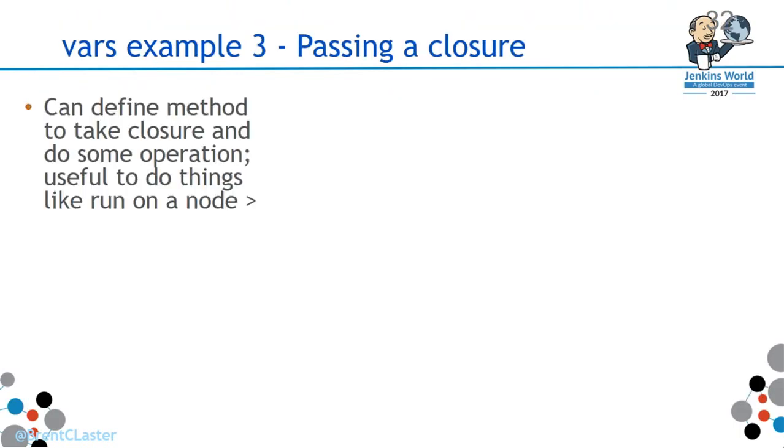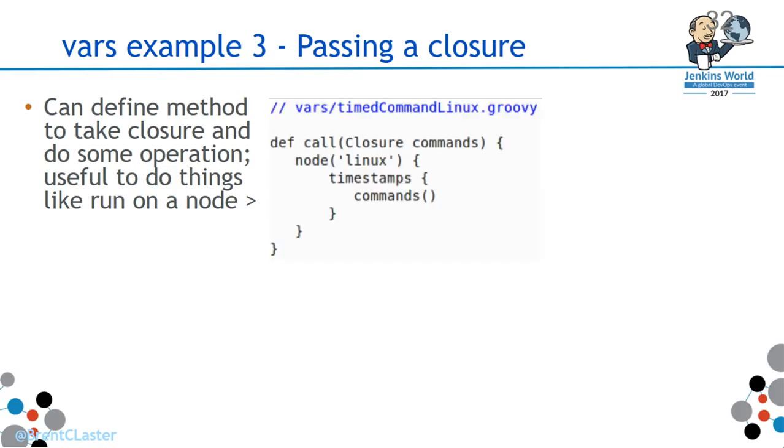You can also do something they call passing a closure with the vars area. You can define a method to take a closure and do some operation with it, which might be useful if you're trying to do things on a node. For example, here's one where we use the call syntax again, but within that we're passing a closure, a set of commands.